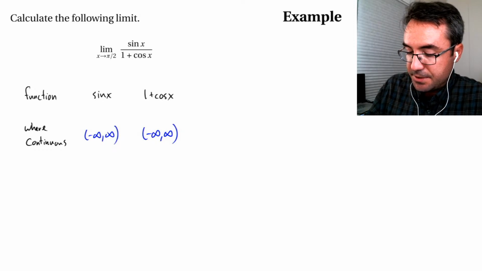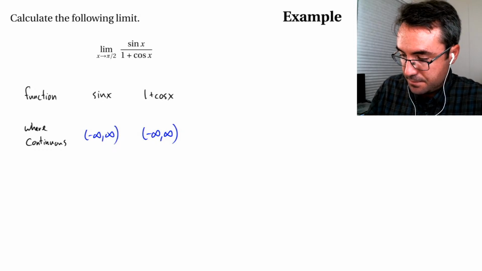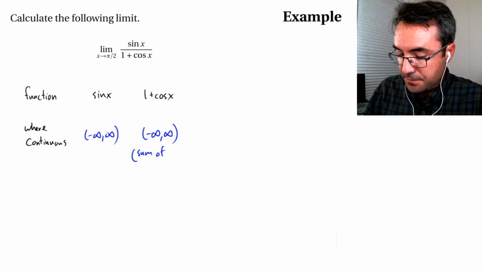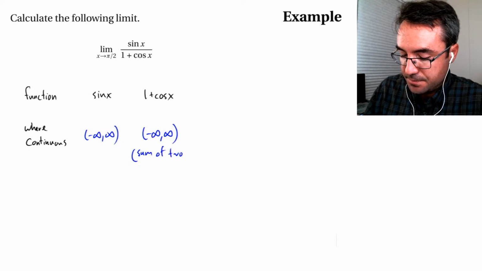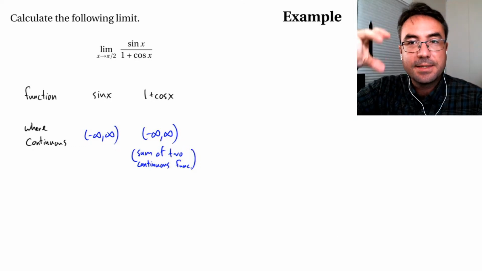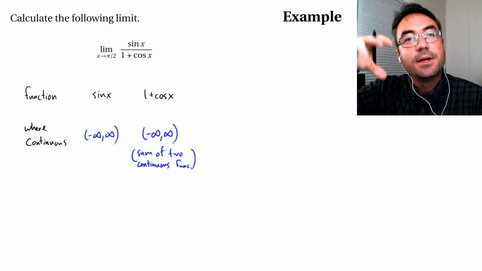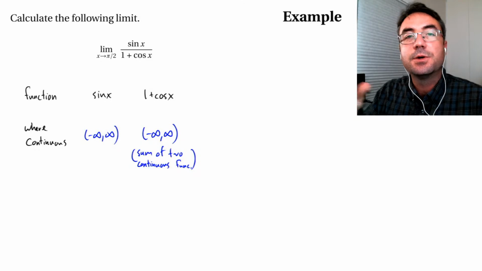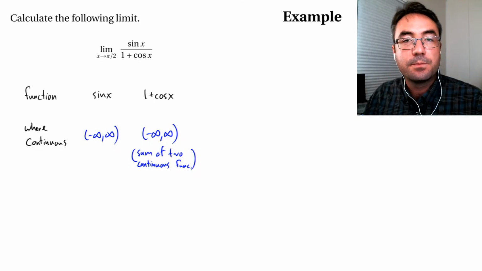And really this is the sum of two continuous functions. So the constant function 1 is continuous, cosine is continuous, so when we add them together, the sum is continuous everywhere.